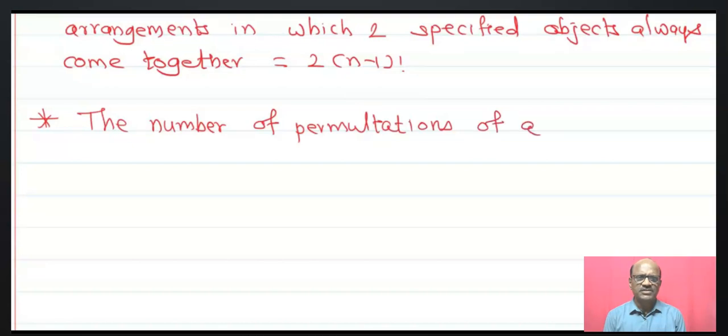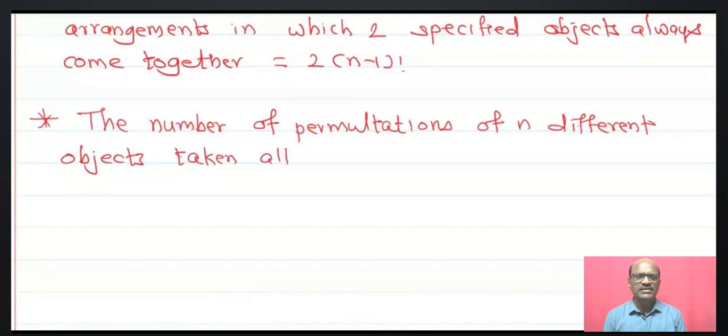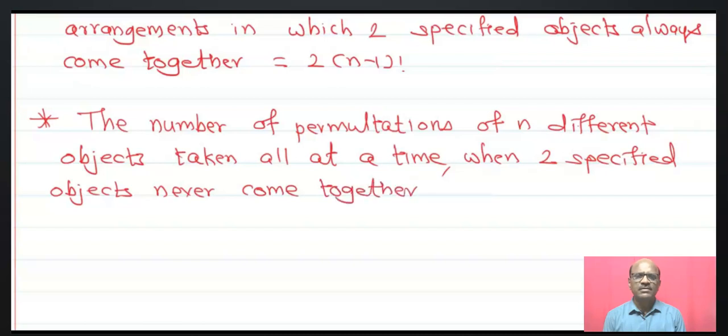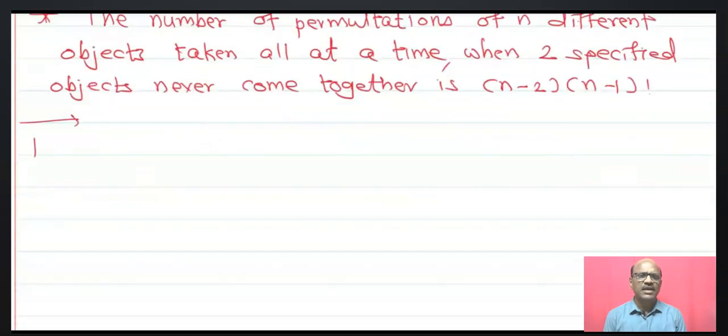The number of permutations of n different objects taken all at a time when two specified objects never come together is n minus 2 into n minus 1 factorial.